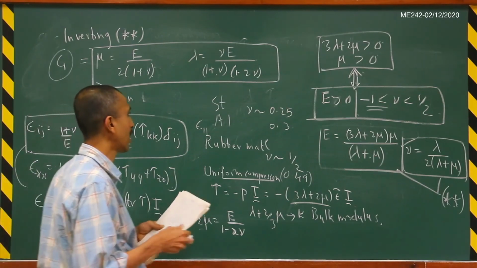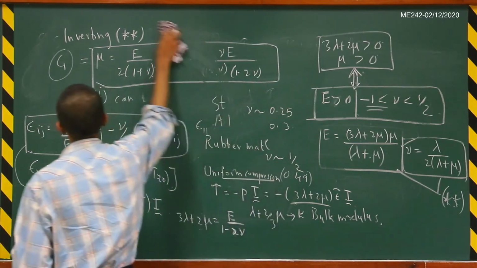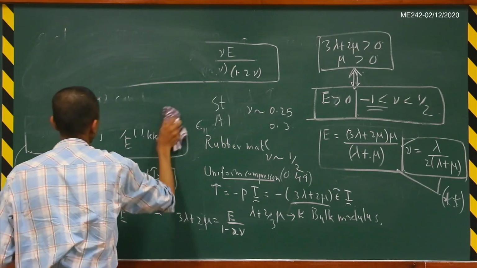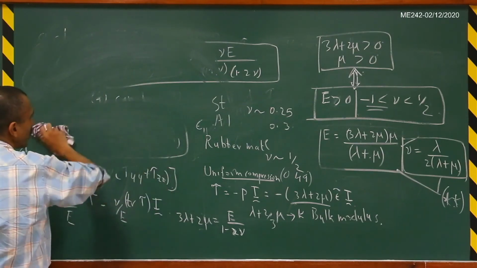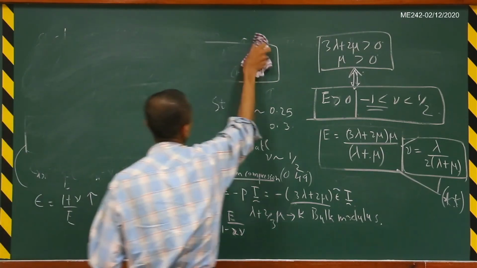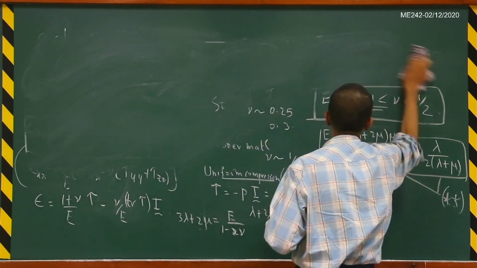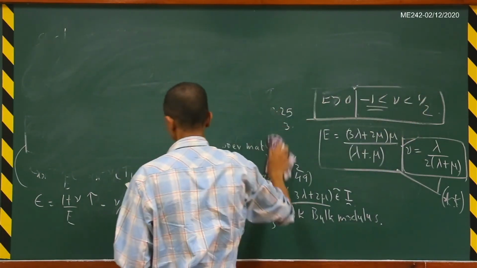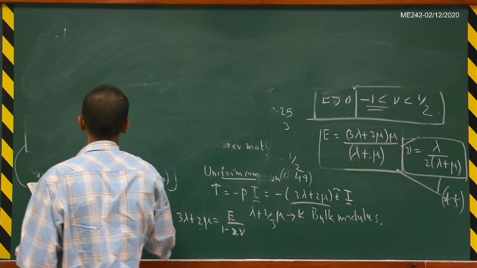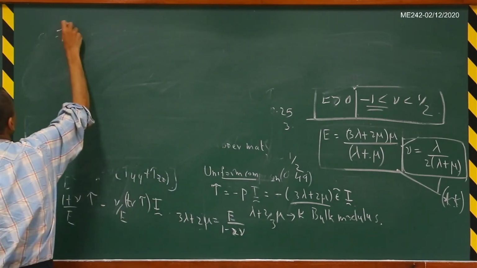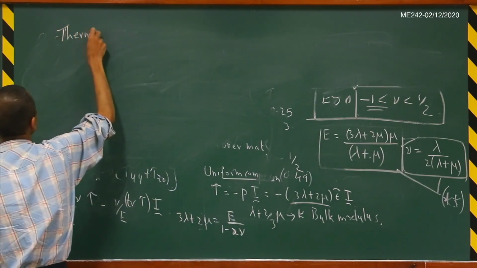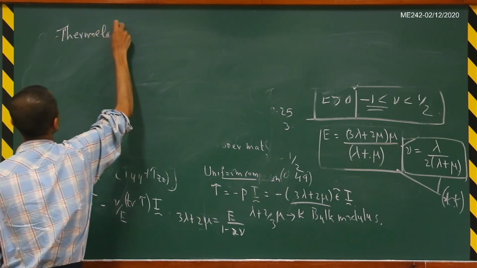Just one last thing for today: what about thermoelasticity? Actually, in this course we will not do thermoelasticity, but I will just mention it in any case. How do the relations get modified for thermoelasticity?